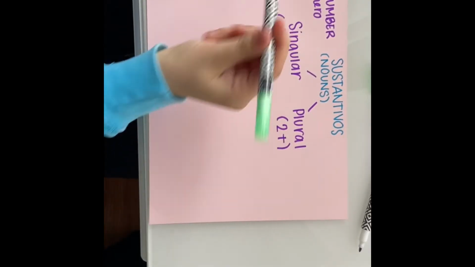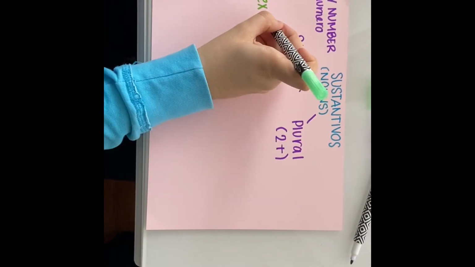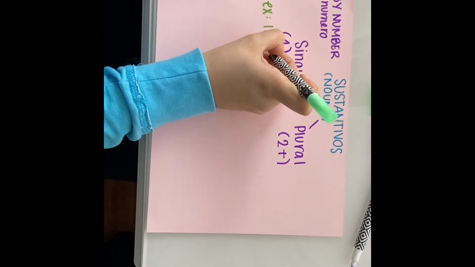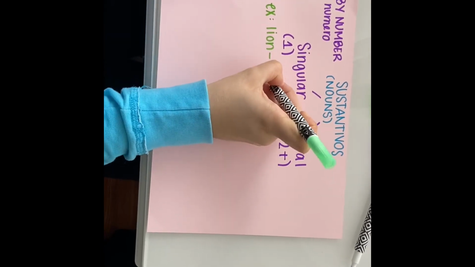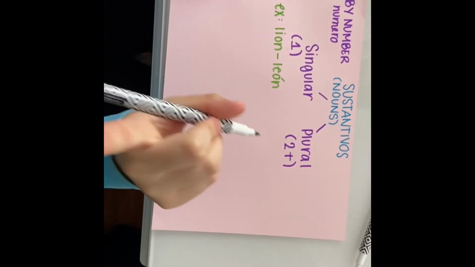So some examples, it would be, for example, lion, which is león in Spanish, and that's one. That's just one lion.